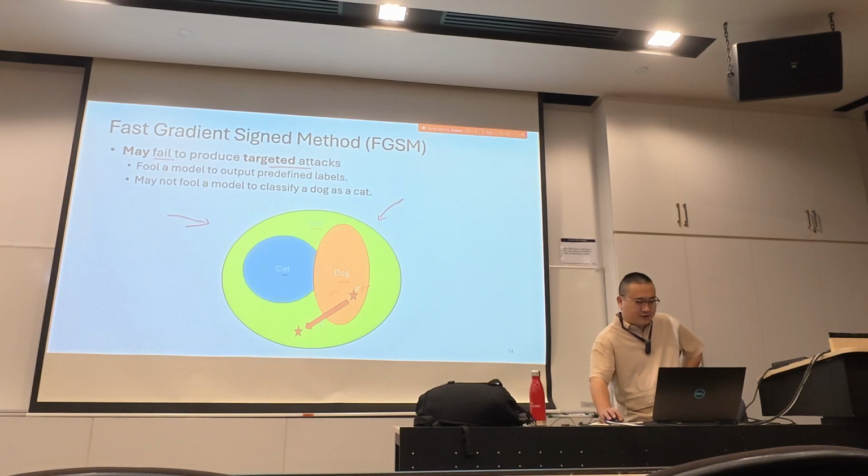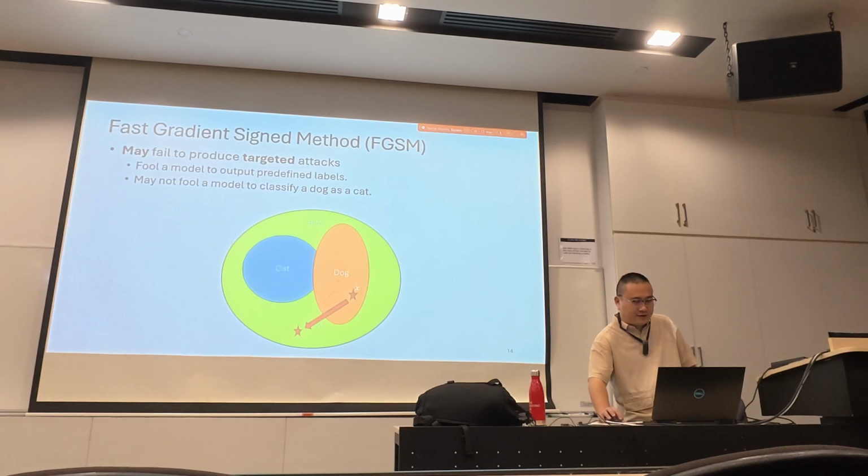But unfortunately, here we find that the direction points in this way. But this time, our target label is cat. So we want the model to predict the attack as a cat, given an image of a dog.